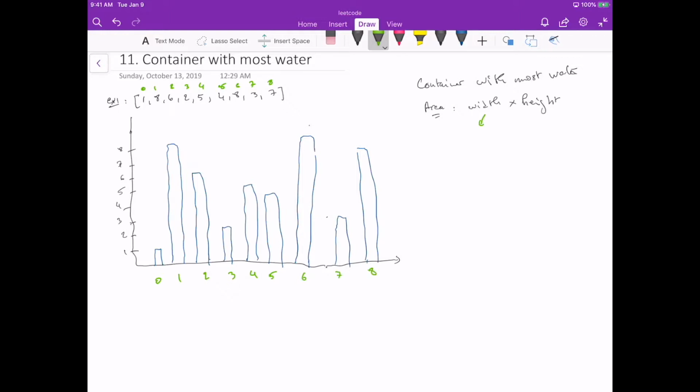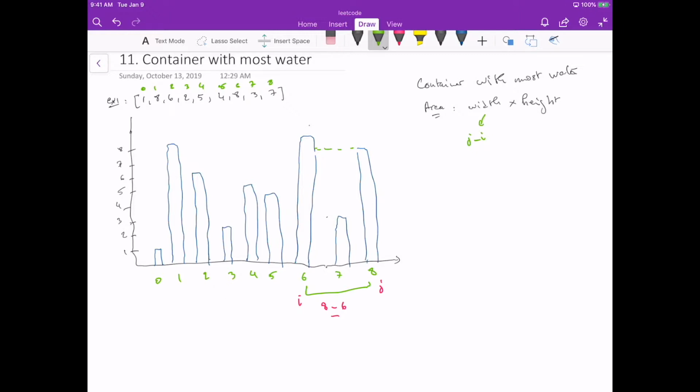So the width of this area here is just this, right? It's just 8 minus 6. So let's call the last index j, and let's call this one i, and so the width is just j minus i, right?